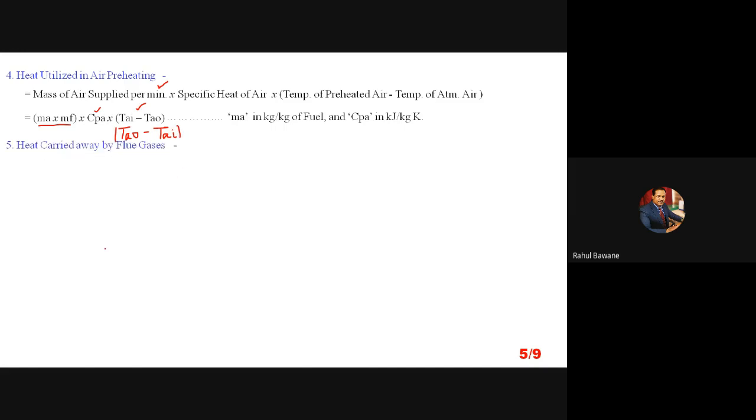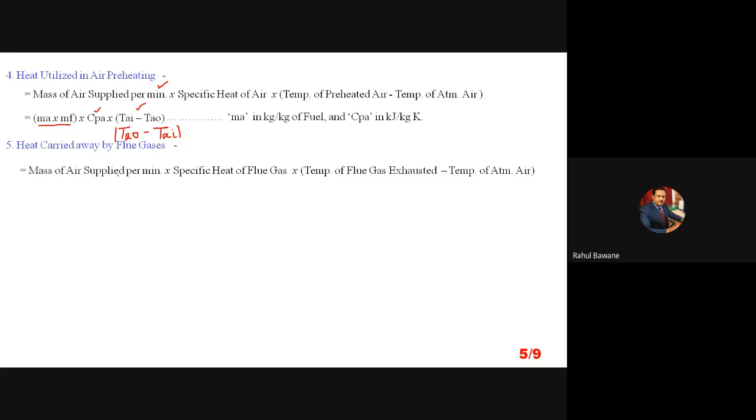Fifth head is heat carried away by flue gases. So whatever be the remaining exhaust gases, it is exhausted into atmosphere. So how much heat is carried by those exhaust gases? So mass of air supplied per minute, because air does not get consumed. It will flow through all the process and be exhausted through the chimney.